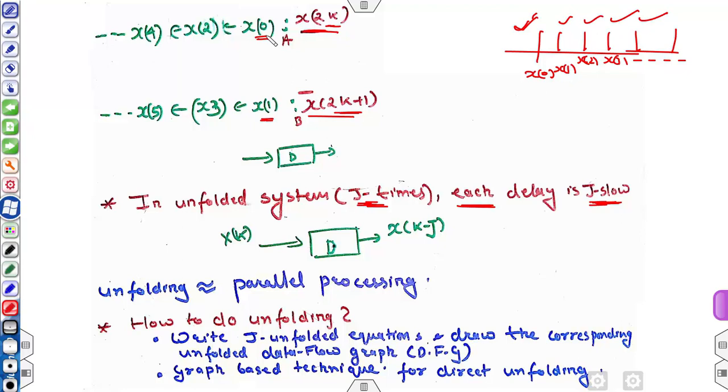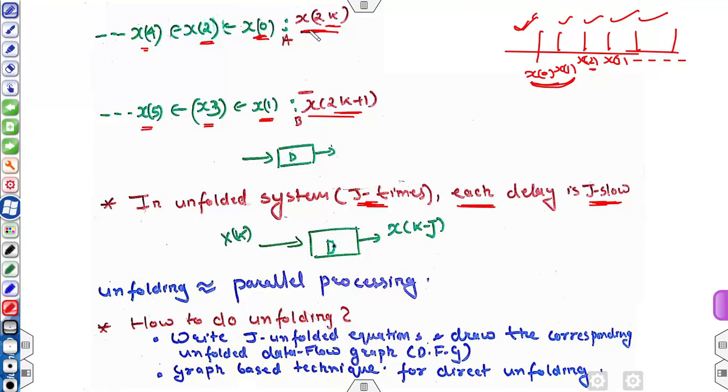Since we are giving two samples simultaneously, x0 will be given at port A and x1 will be given to port B. So x0 and x1 are given simultaneously to the system. After the completion of the iteration corresponding to these samples, the system will be provided with samples x2 and x3, x2 to port A and x3 to port B, and after that x4 and x5.